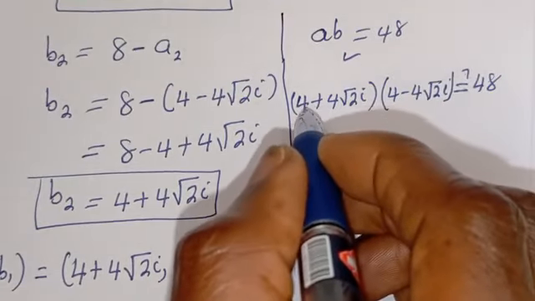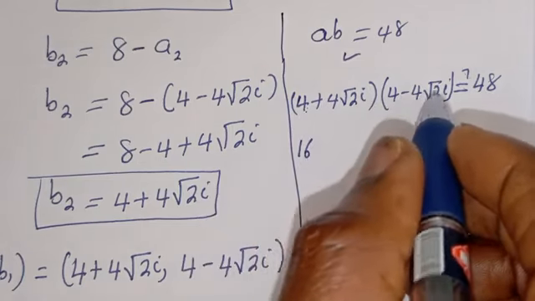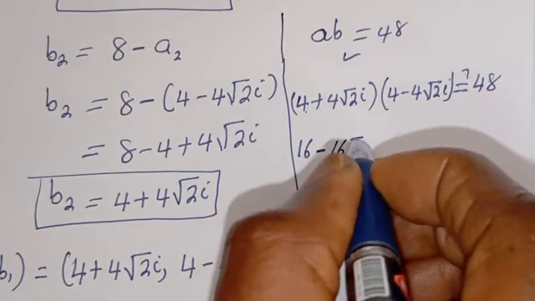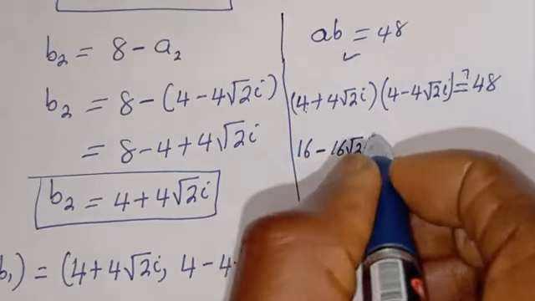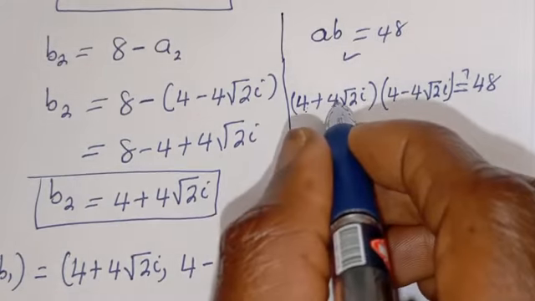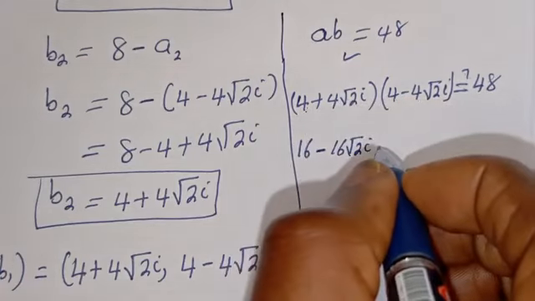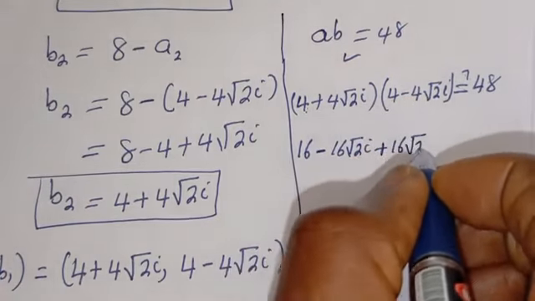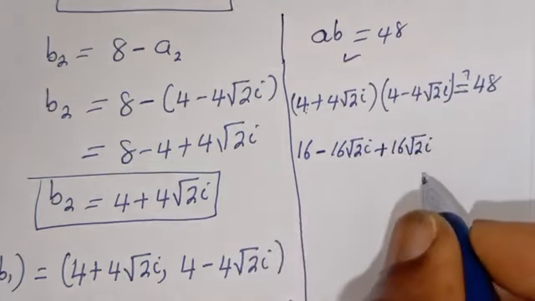Then 4 times 4 root 2I, this is minus 16 root 2I. This one is 4 root 2I multiplied by 4, this is plus 16 root 2I.